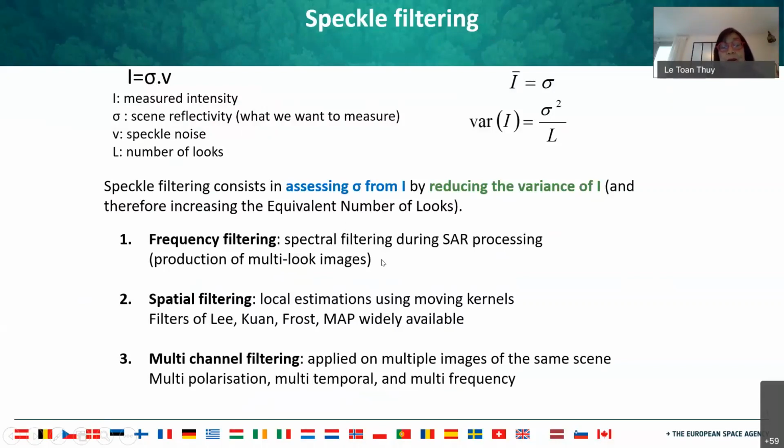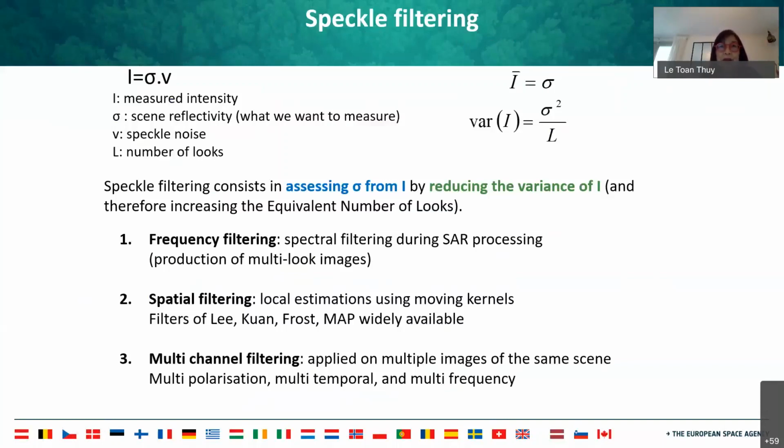In the SAR processing, if you have a wide bandwidth like 60 megahertz, then you can say that adjacent small bandwidths will have something equivalent. The physical properties of the target will not change much with a small bandwidth, like a megahertz.